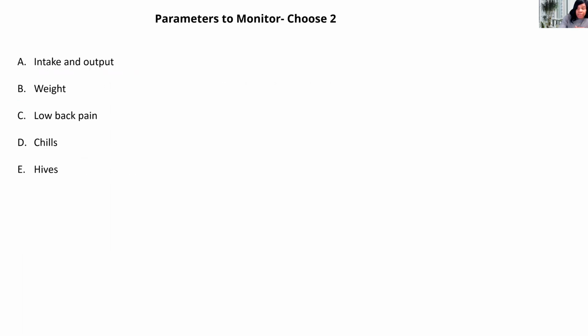And you are monitoring the correct parameters to see whether fluid continues to come out as we're giving this diuretic. As we've decreased the fluid, is it working? Are we getting appropriate outcomes? This is where it comes down to evaluating the outcomes.